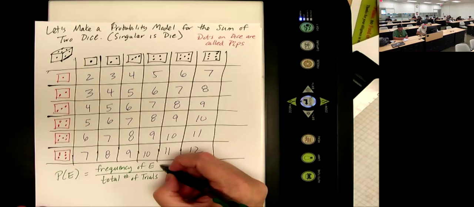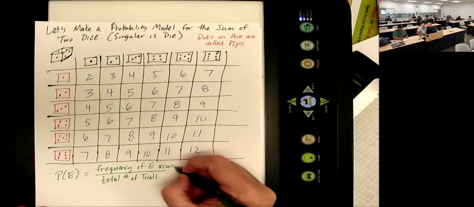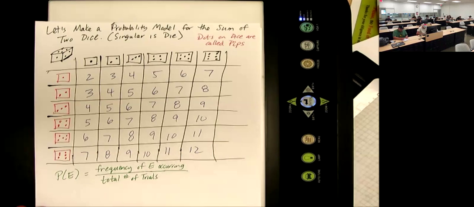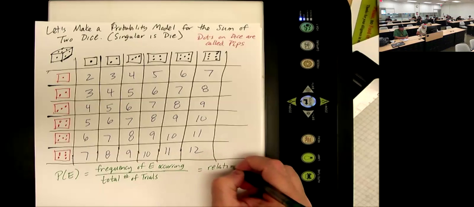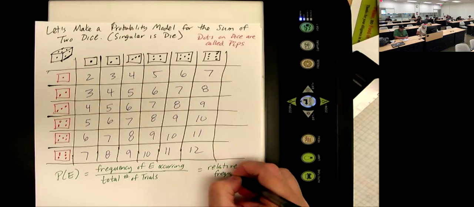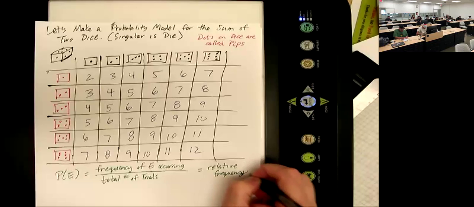Frequency of E occurring, which kind of makes it like relative frequency. That's a tie back to a previous chapter.